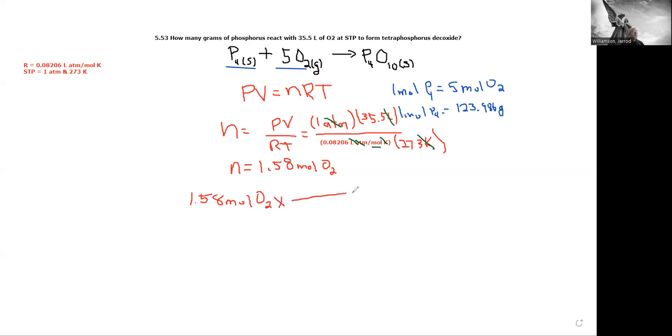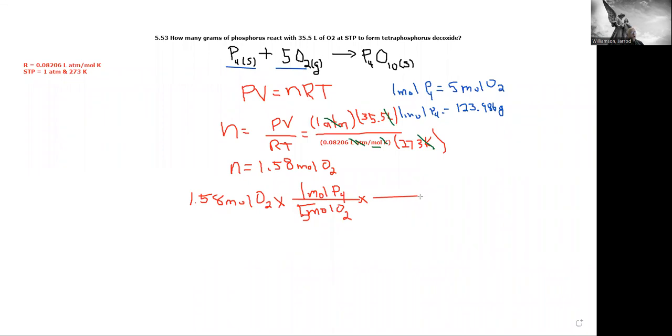times, that's messy, right? Let me just put it right here. For every 5 moles of O2, I will need 1 mole of P4. So now I know the moles of P4.